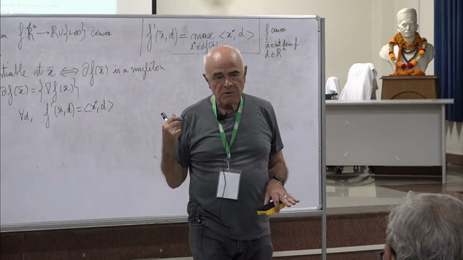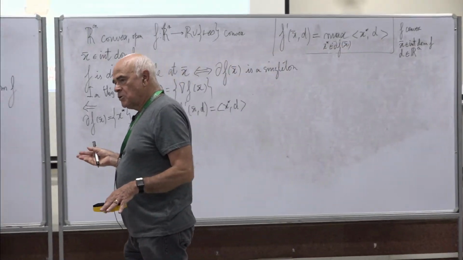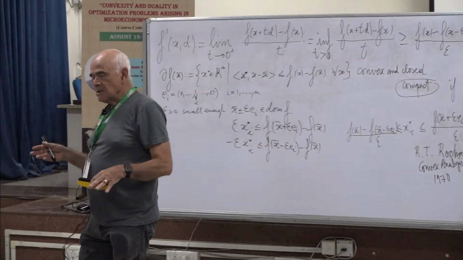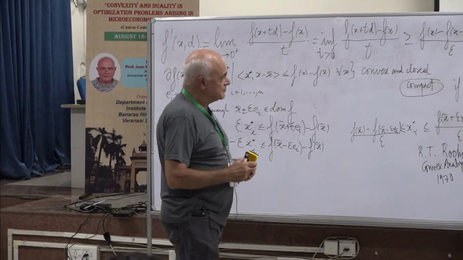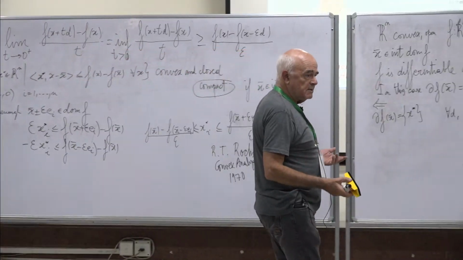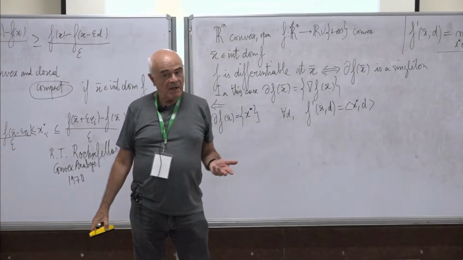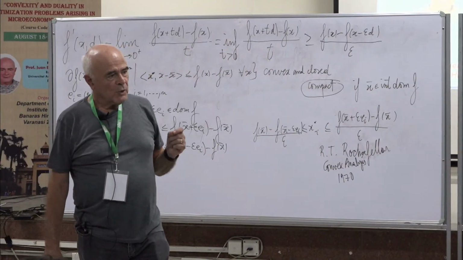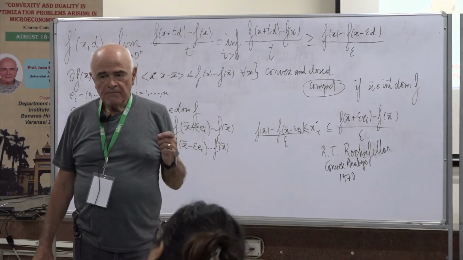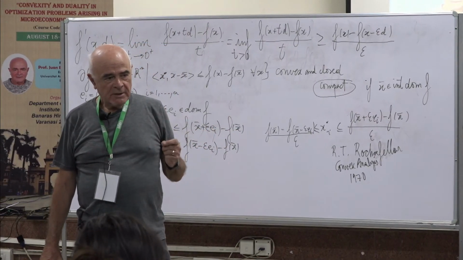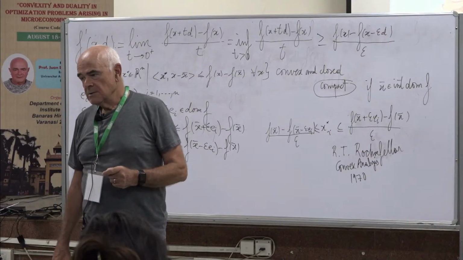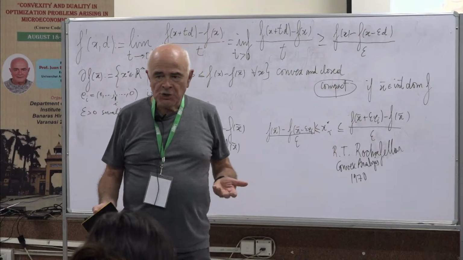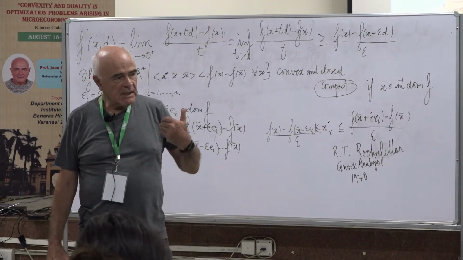If you admit Gateaux differentiability as your notion of differentiability, this is the end of the proof of this implication. If you don't like it because you prefer Fréchet differentiability, then simply use a fact I'm not going to prove, but you can find in Rockafellar's book, which says that for convex functions, Gateaux and Fréchet differentiability are equivalent. For arbitrary functions, Fréchet implies Gateaux.